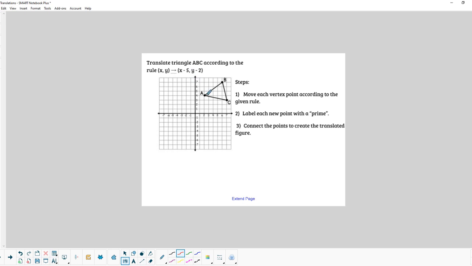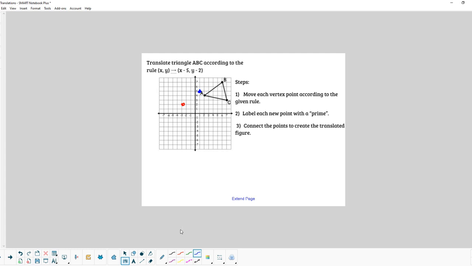So each point, we're going to pick one point and go 1, 2, 3, 4, 5. And then we're going to go down 2, because it says the y direction, we go down 2. So we do that with literally every point in here. We go left 5, and then down 2.